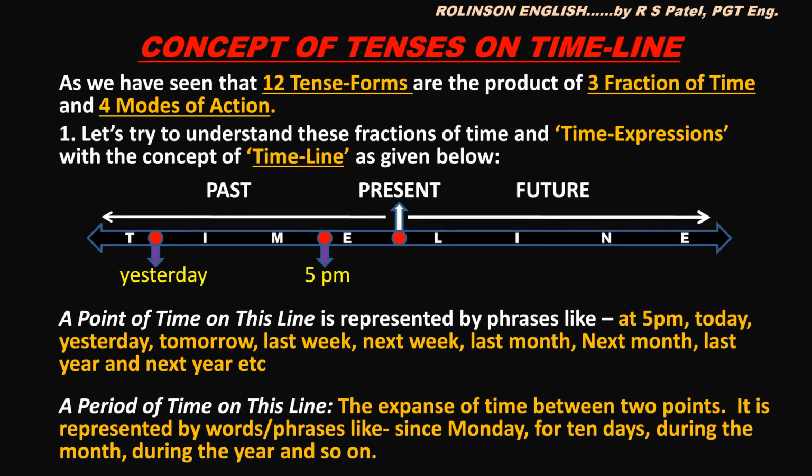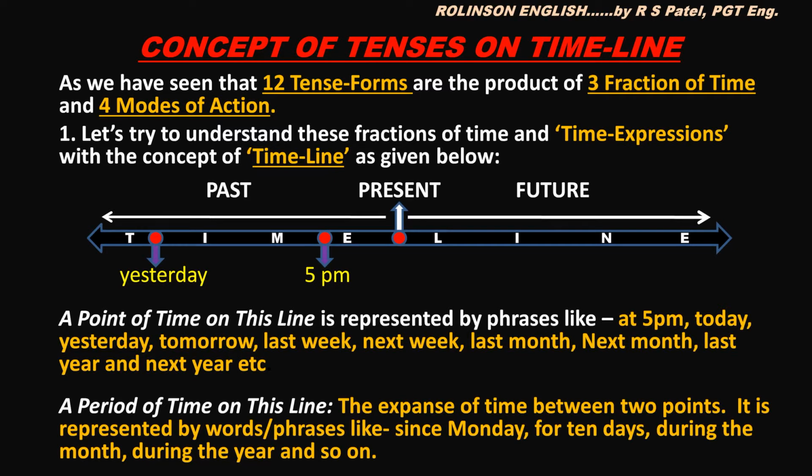Alright? Think of it. Now, you can see 2 points here on this line. They are on the past side. Yesterday and 5 p.m. These are the points of time.